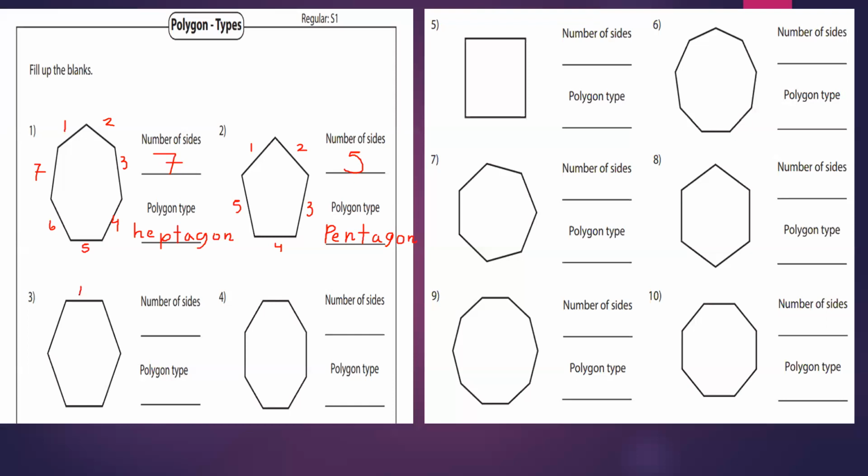Hexagon. How many sides? That's 1, 2, 3, 4, 5, 6. So it has 6 sides, and we call it a what? Hexagon.